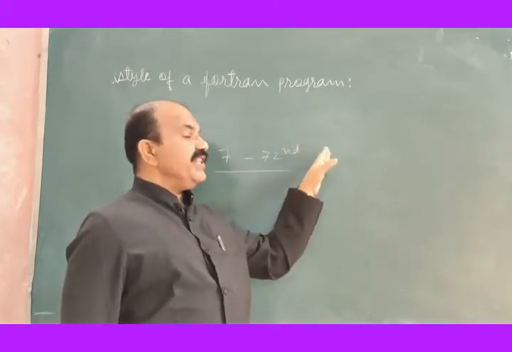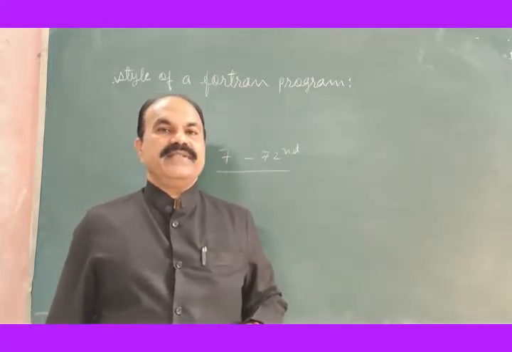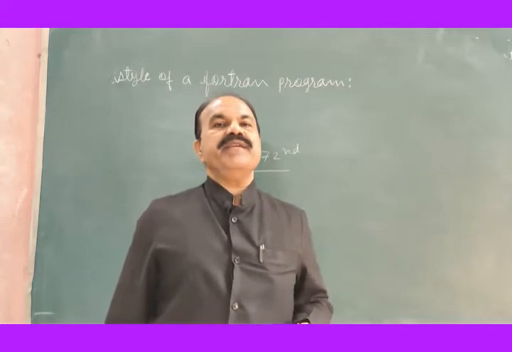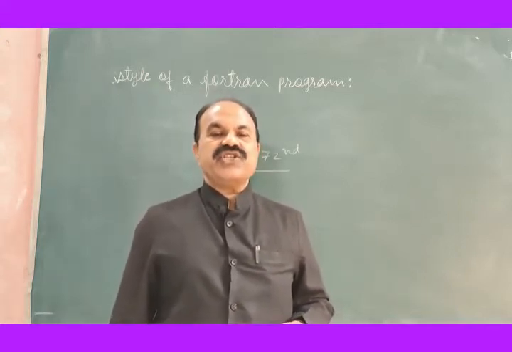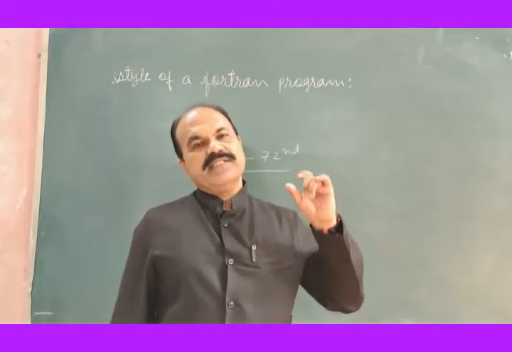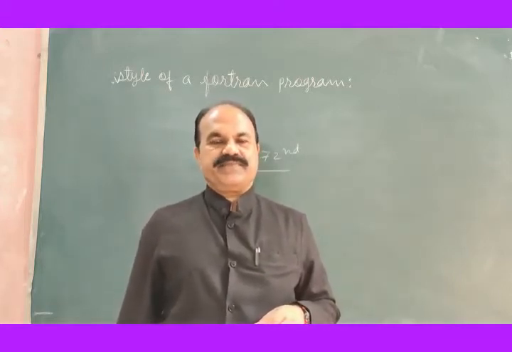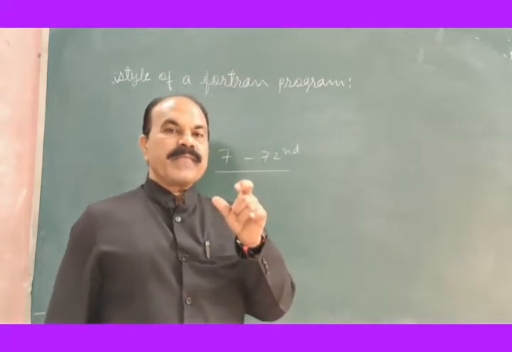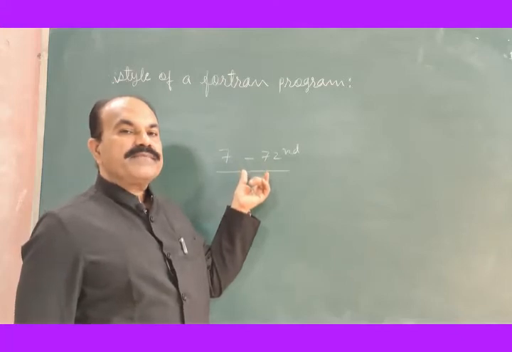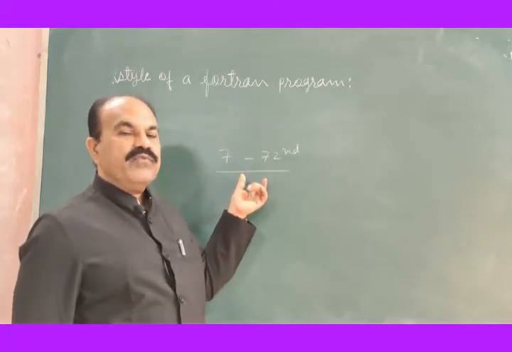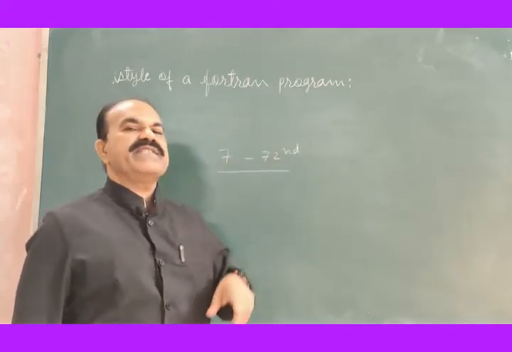Column number 73rd to 80 are again used by the programmer for writing short comments about the statements. So, from every line of the coding sheet, we are allowed to use column number 7 to 72nd.